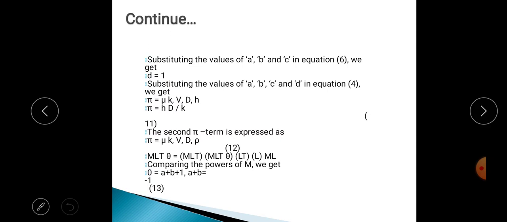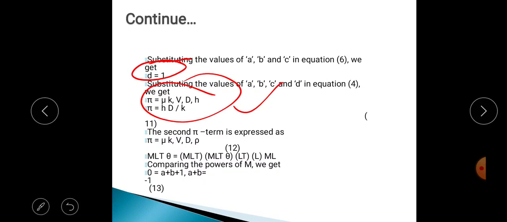And when we substitute the values of a, b, c in equation 6, we get d is equal to 1. After substituting the values of a, b, c and d in equation 4, we get pi is equal to h d by k, the first pi term.